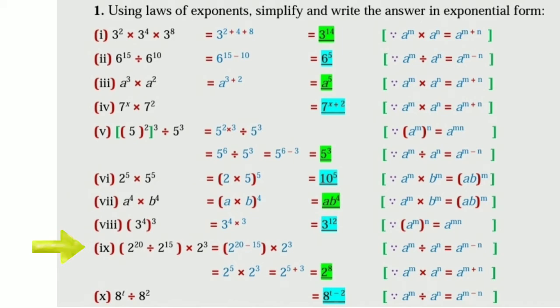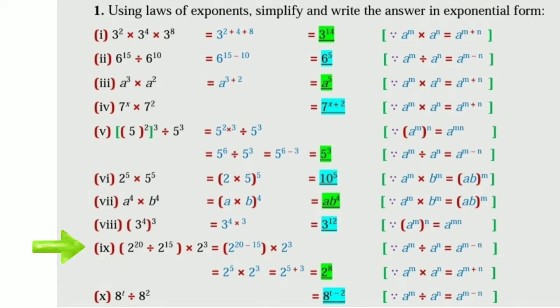Ninth sum, into bracket 2 raised to 20 divided by 2 raised to 15 bracket close into 2 raised to 3. Students, we have to solve the bracket first, that is 2 raised to 20 divided by 2 raised to 15, which is 2 raised to 20 minus 15 bracket closed into 2 raised to 3.